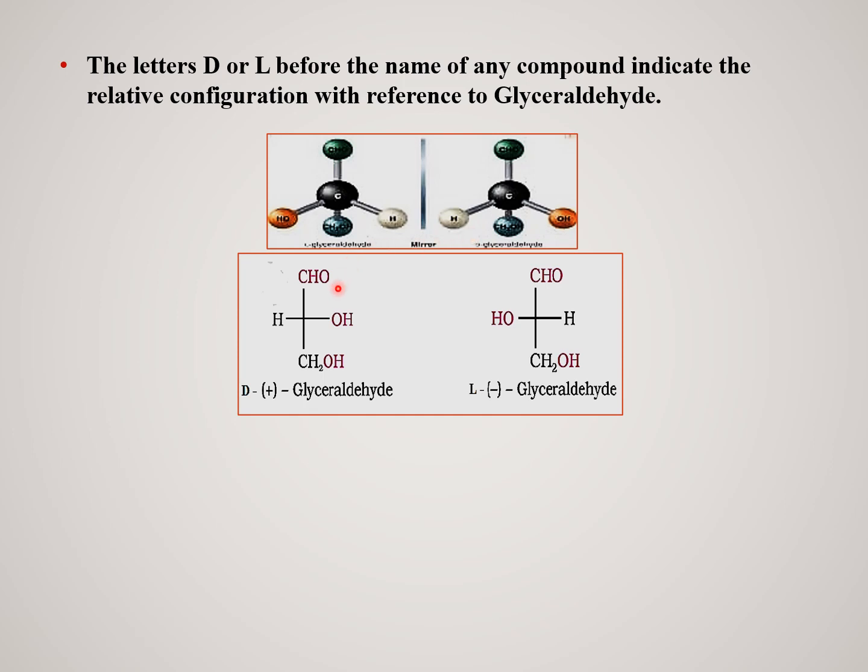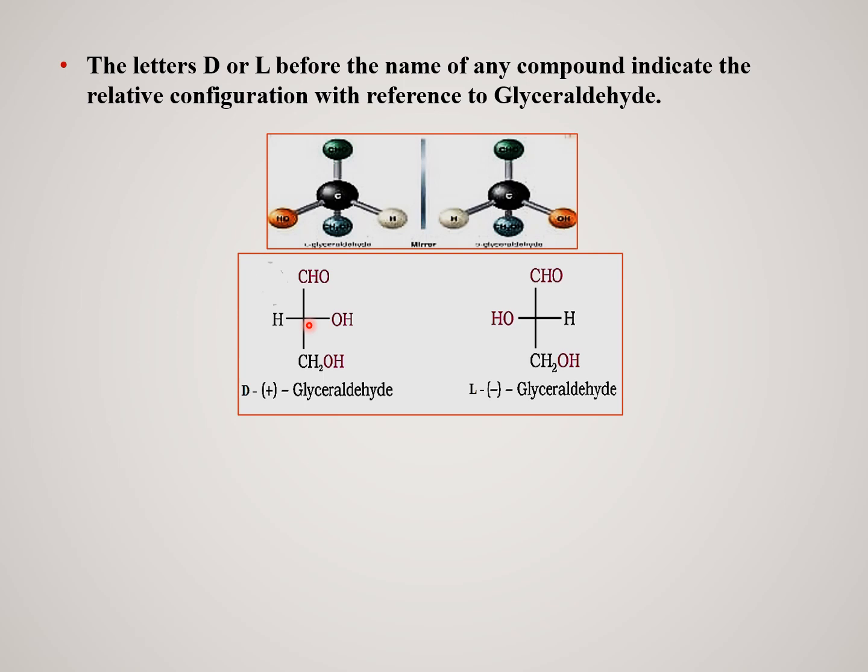If you look at glyceraldehyde, the first carbon atom is the aldehyde, the second carbon atom has H on the left, OH on the right, and the third carbon atom is CH2OH. The second carbon atom is asymmetric or chiral.